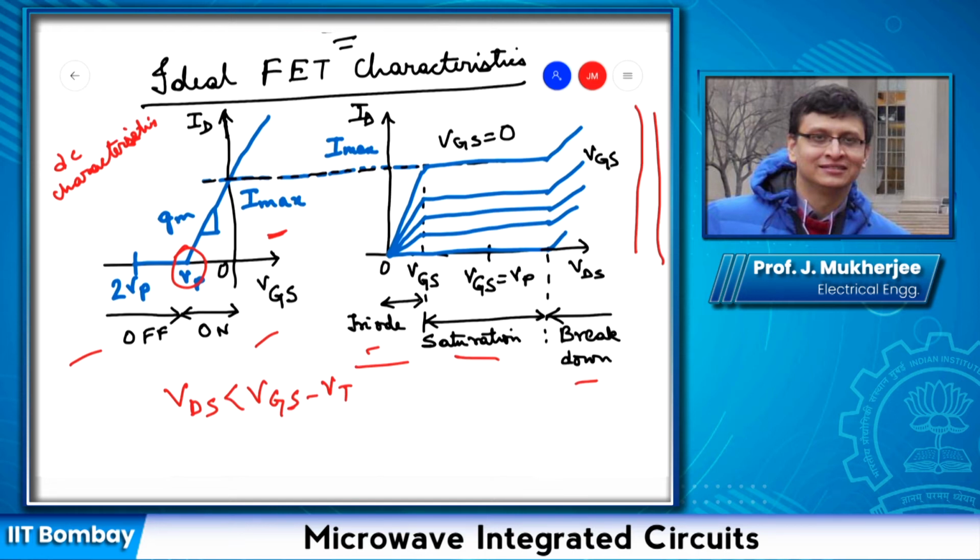And VGS is greater than VT or VP, as in this case, where VP is the threshold voltage. When VGS is lesser than VP, then we have cutoff, or there is no conduction. So this is the condition for triode.